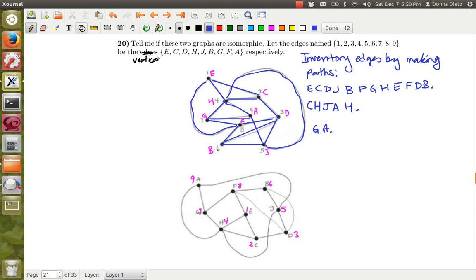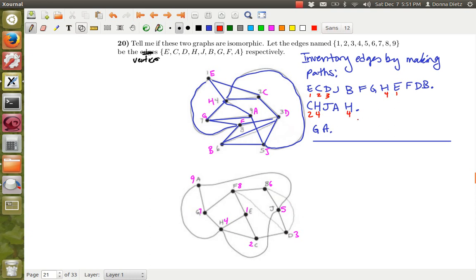Now if I hadn't already done this pairing, then I wouldn't be able to just trace it out down below. And in that case, I'd have to translate it. So just in case you didn't do that little bookkeeping trick, I'm going to say this is equivalent to what? Okay, so E is equivalent to 1. So every time I see an E, I put a 1. C is 2. D is 3. H is 4.